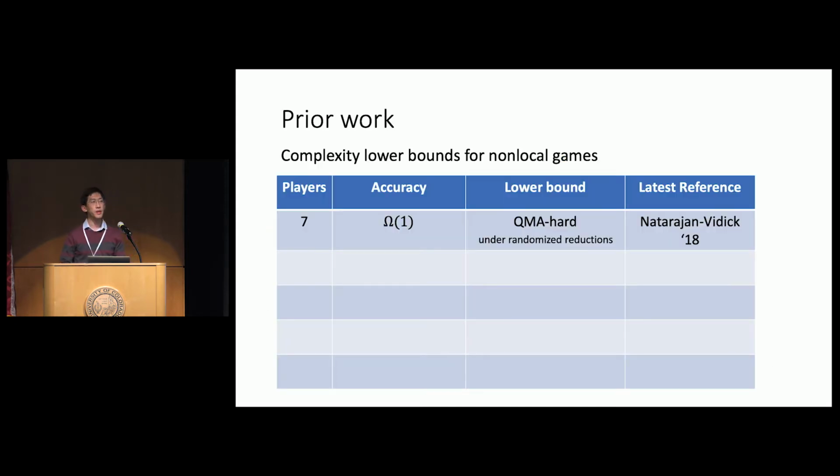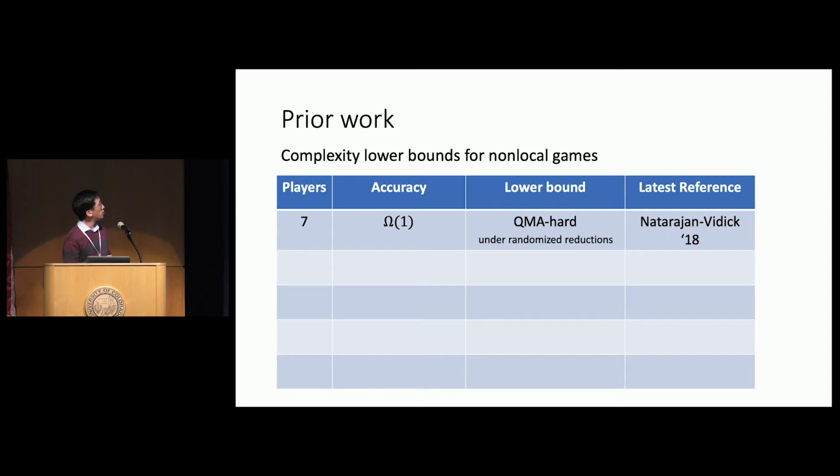Okay, so let me place our result in the context of some prior results. People have been studying this question of the complexity of non-local games for many years, so I won't give an exhaustive list of what's been proven, but here are the relevant recent results. People prove different results depending on the type of accuracy you'd like.